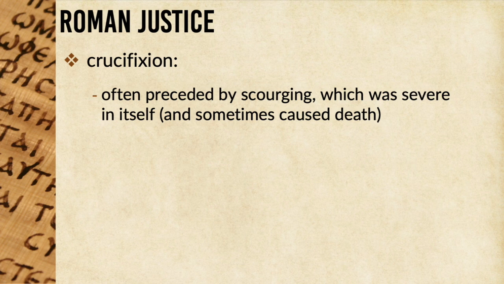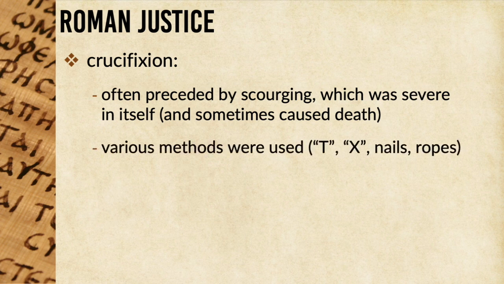Remember Jesus? He's been on trial all night. He's delivered to be crucified. He's scourged. He isn't able to carry his cross to the place of execution. That's the physical state he was in after the events of that night. Various methods of crucifixion were used. For example, the T form, something we're familiar with perhaps. There was also an X form of a cross.